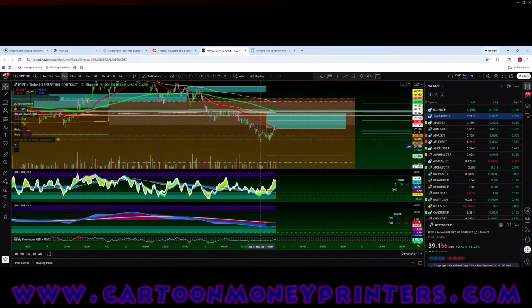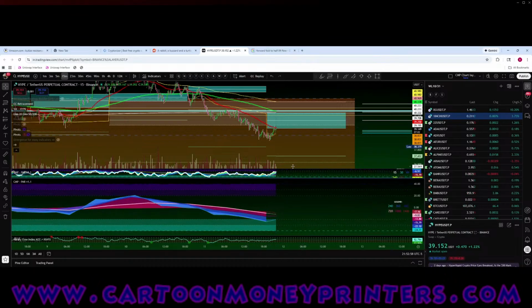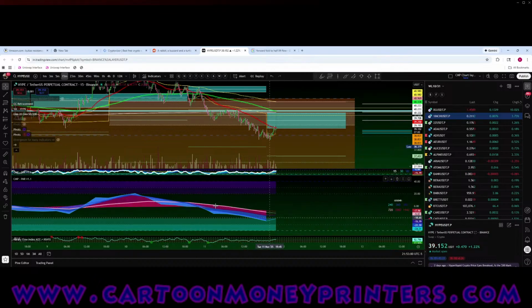It just bounced off of the middle of the monthly CPR, and you had a bull div right here. But again, the higher time frames could turn or not.